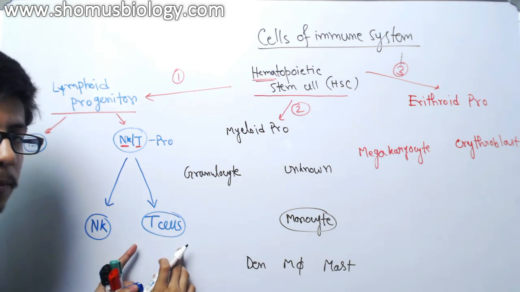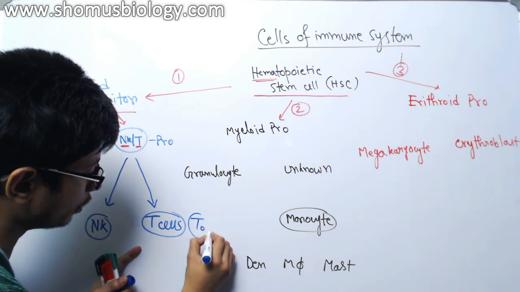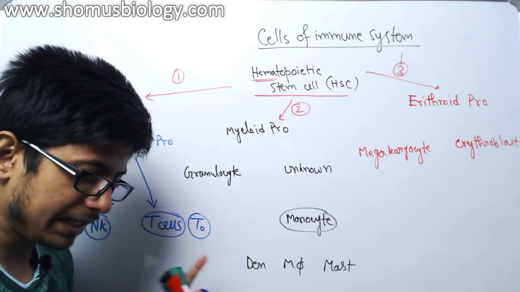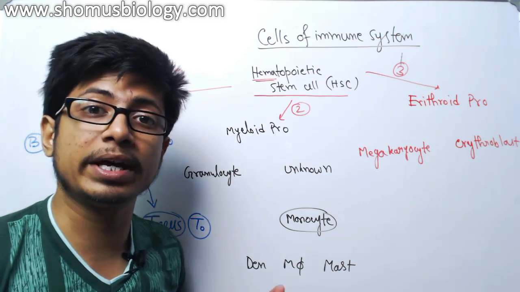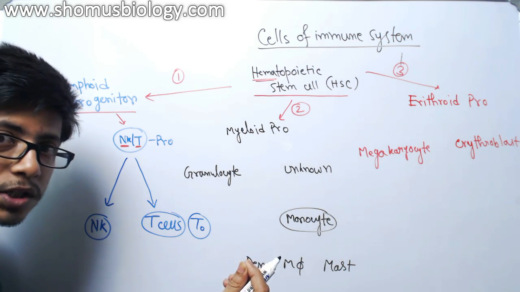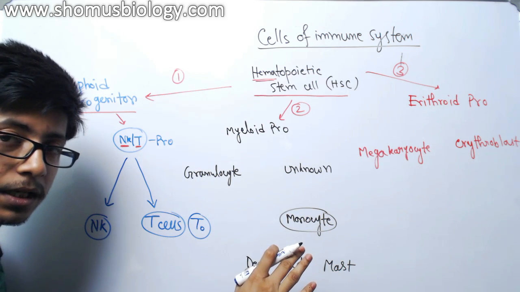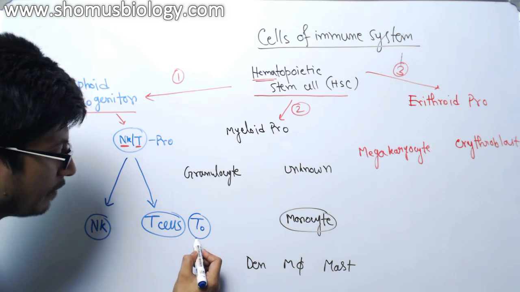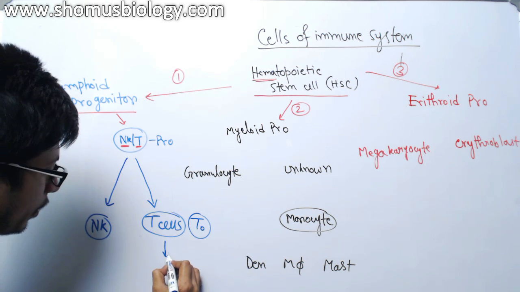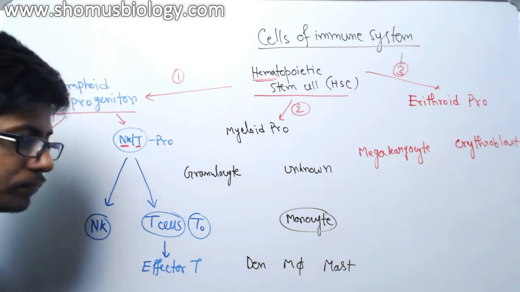Now the T cell they produce first is known as naive T cell or T0. Naive T cell means these T cells are not destined to do any function. But when this naive T cell gets a response in the form of chemical signaling from a nearby cell, that is macrophage, this naive T cell gets activated. It produces effector T cell.